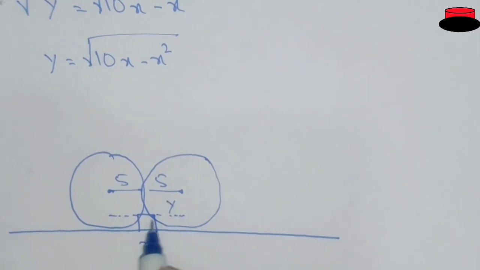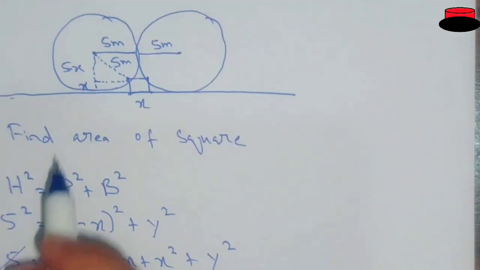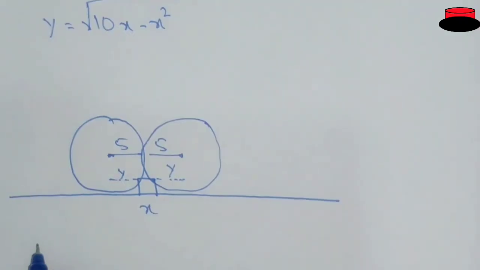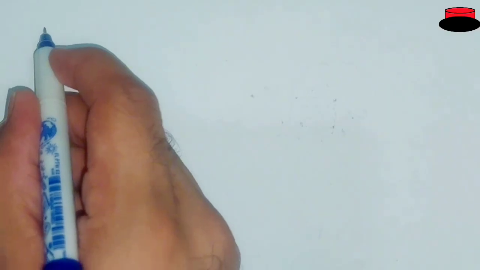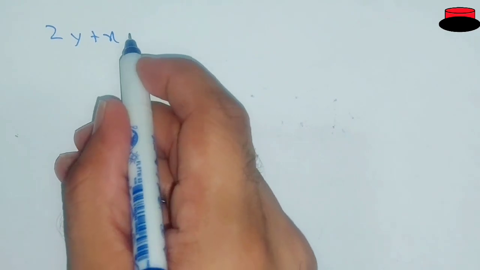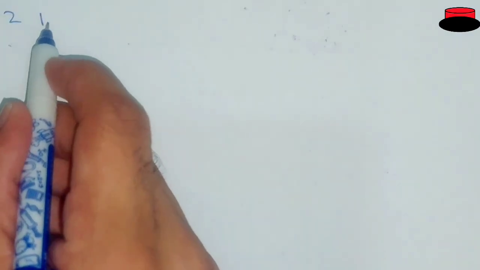So this line, one side will be y and another side will be y, so this is y as well. Now here y plus x should be equal to 5 plus 5. So it will be 2y plus x equal to 5 plus 5, that is 10.